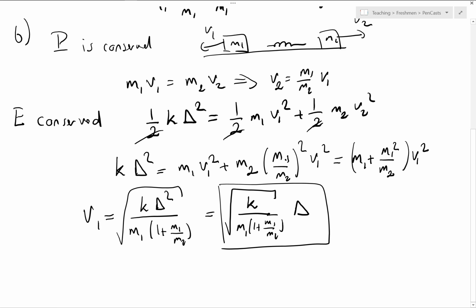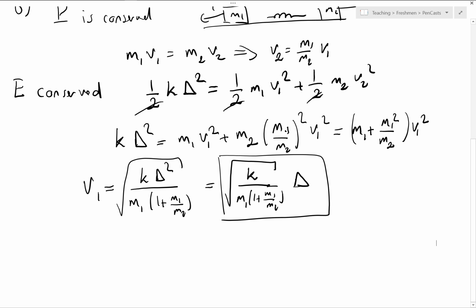k over m has units of 1 over second squared, so with delta it has units of length. That is length divided by time, meters per second, so unit-wise it's okay. Now I can just multiply this by m1 over m2, which will give me the square root of k divided by m2 times 1 plus m2 over m1, times delta.